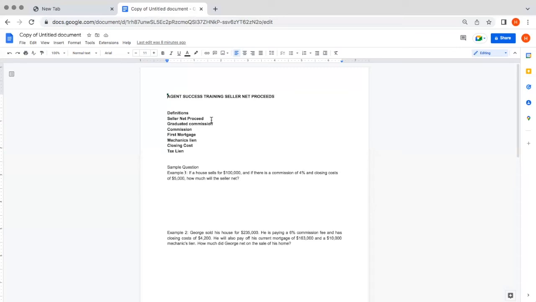And then the last word is a tax lien. A tax lien is something that is placed on everybody's property at the beginning. Now, there's a number of different types of tax liens. There's a tax lien for non-payment, but the tax lien that I'm talking about is when the property's taxes are due at the beginning of every year.